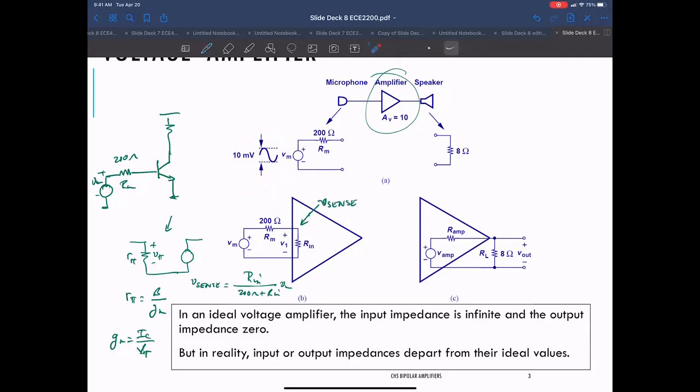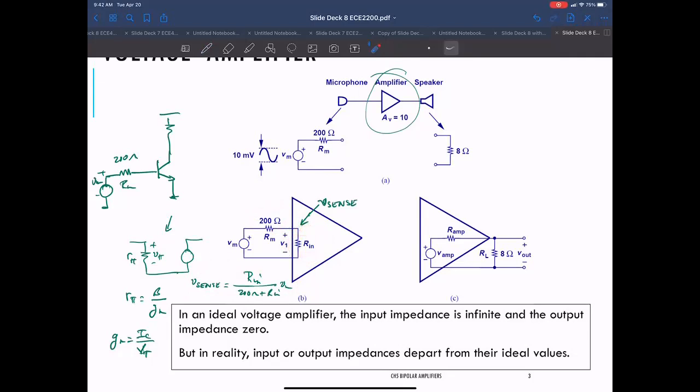Now imagine if this R sub in is a low number. Let's say it's 200 ohms. That's a good example. If this is the same as this, then this resistive divider cuts my input voltage by half. So instead of seeing a 10 millivolt swing here, if this was 200 ohms, I would see a 5 millivolt swing.